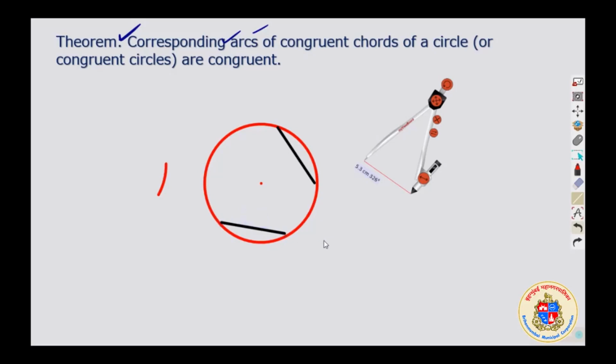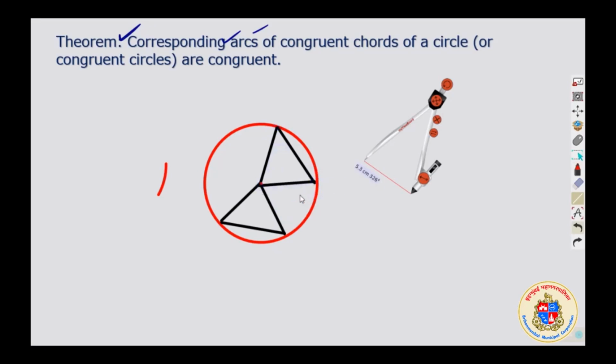Now the thing is that if you draw chords and make the arc accordingly, the first arc is measured by the central angle, so I should make the central angle from these chords, and the end points of the chords are the end points of the arc also.